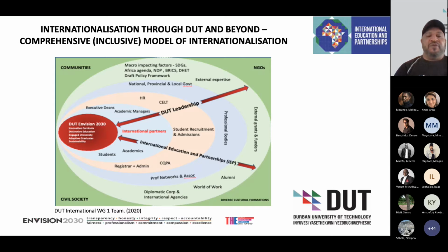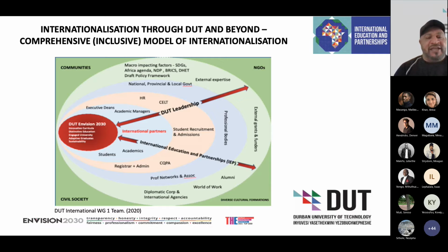Our Center for Quality Promotion and Assurance, because the contribution that internationalization makes to quality is really important. And then it's about working with the registrar and admin divisions, because much of what we do needs academic rules that speak to our activities.